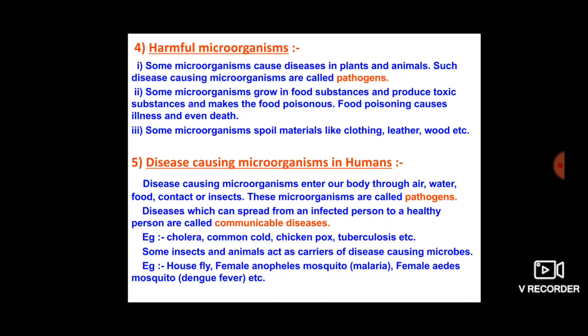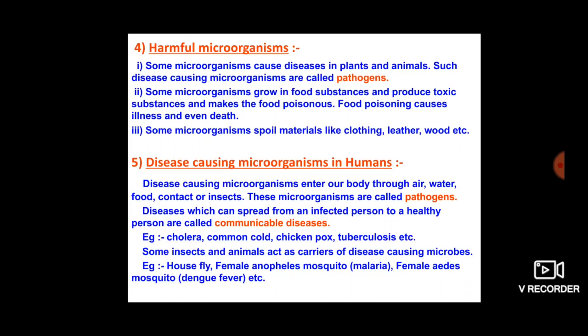So we already know these are the characteristics of harmful microorganisms. Some microorganisms also cause diseases to us. These disease causing microorganisms may enter our body with the help of air, water, food, contact or insects.